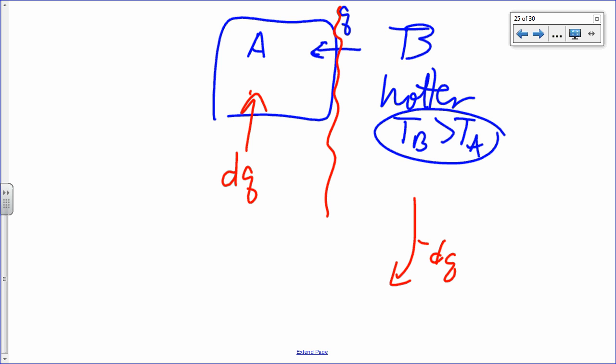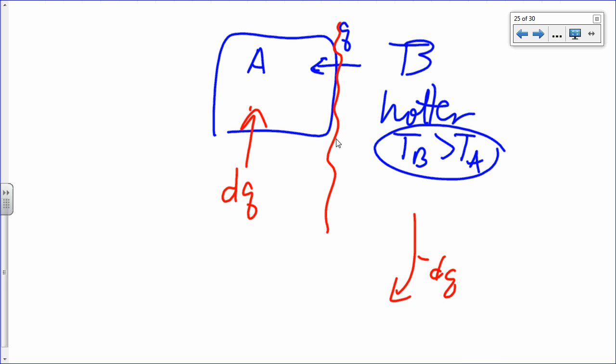Imagine a reversible process where a small amount of heat enters A equal to dq, and a small amount of heat, dq, leaves B. So q for B would be negative of dq. The dq's for the two, A and B, would be opposite of each other, right?